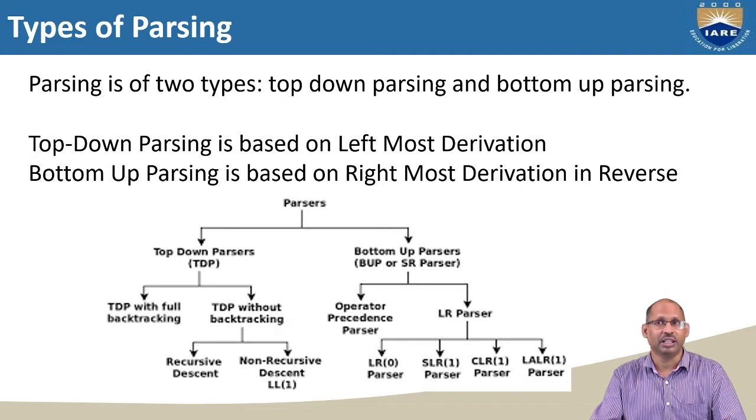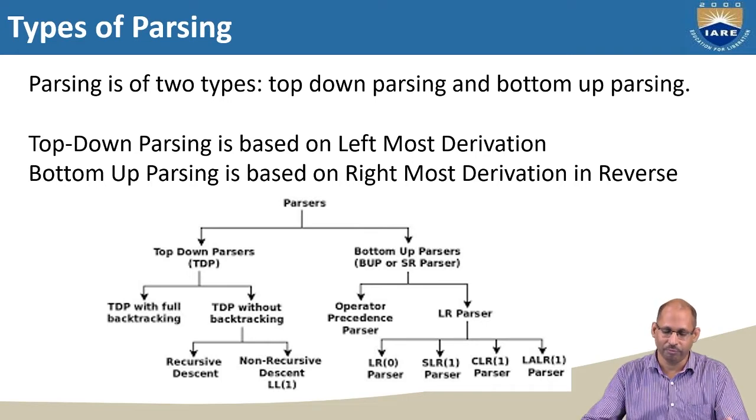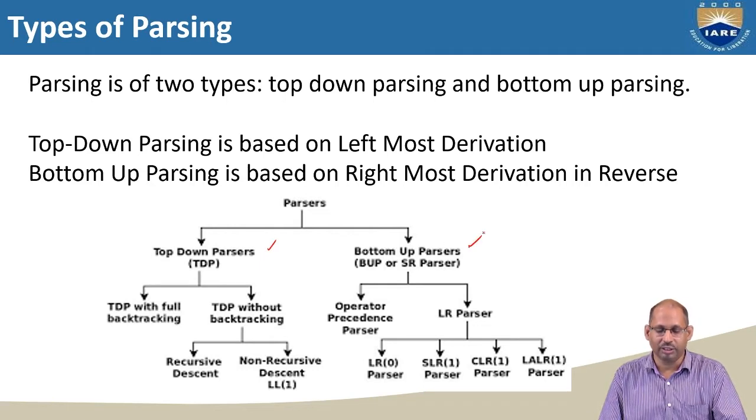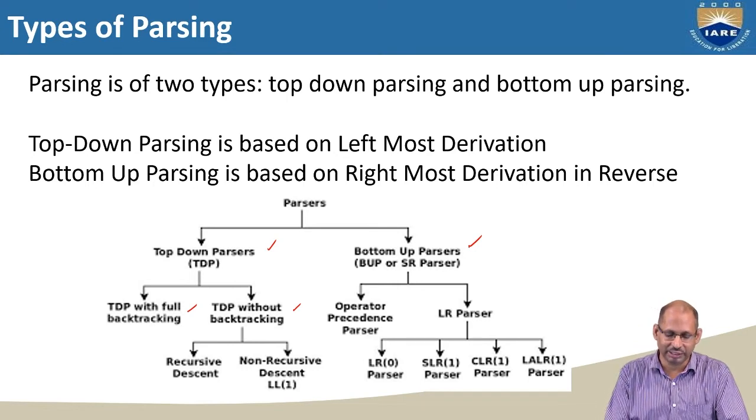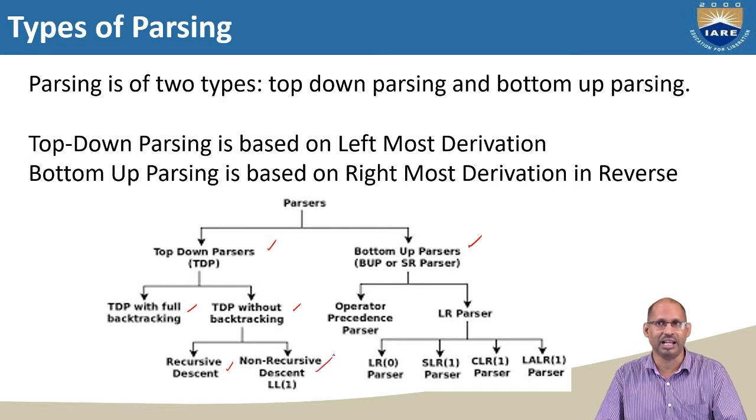The parsers are divided into top-down parsers and bottom-up parsers. In the top-down one, there is parsing with full backtracking and without backtracking. Without backtracking, there is the recursive descent parsing method and the non-recursive descent parsing method, LL1.